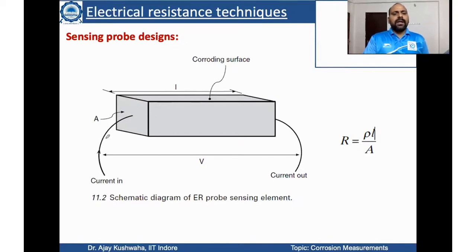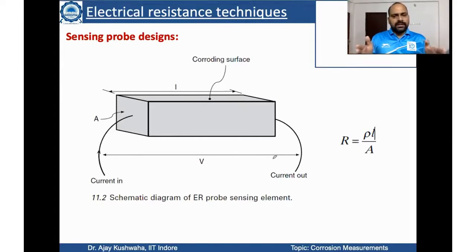If we apply a fixed voltage across these two terminals, with current in and current out as shown here, we can measure the voltage drop across this probe, and that will give an idea about the corrosion.